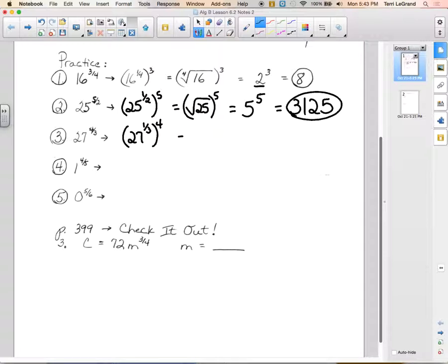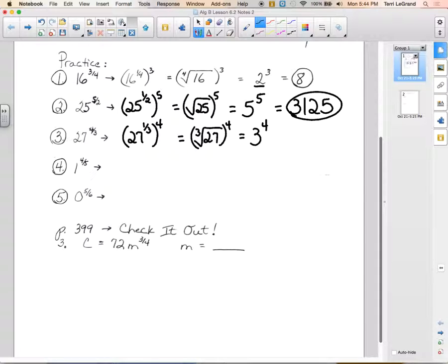So what we're looking for is the 3rd root of 27. What times itself 3 times is going to give you 27, and then we're going to take that to the 4th power. What times itself 3 times is 27? I get 3. That 3 is going to be taken to the 4th power.